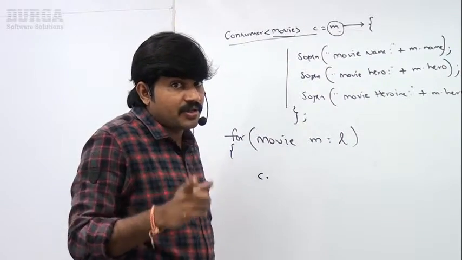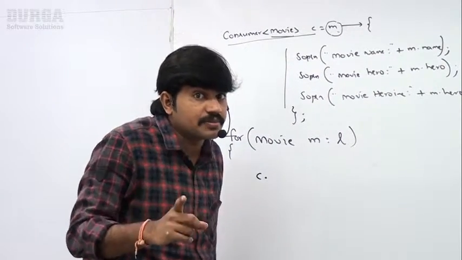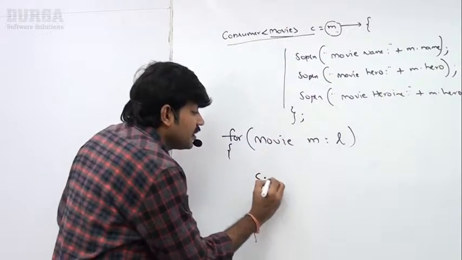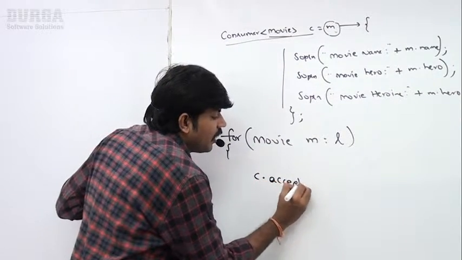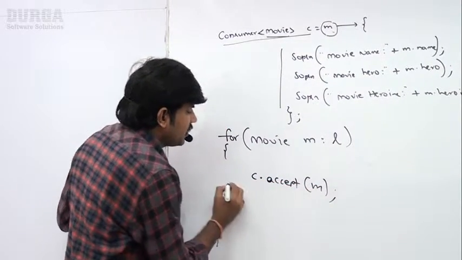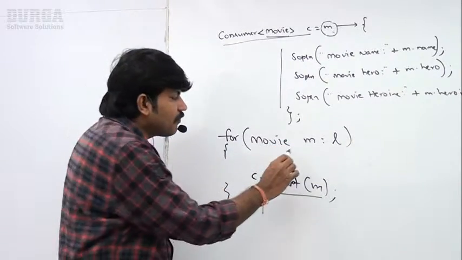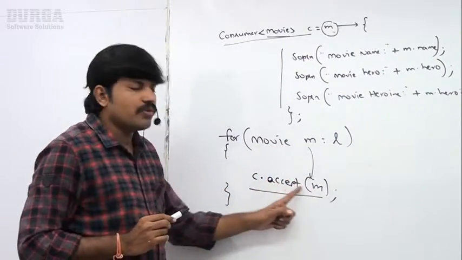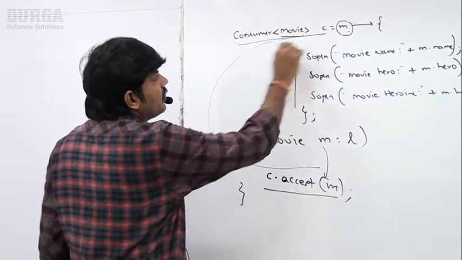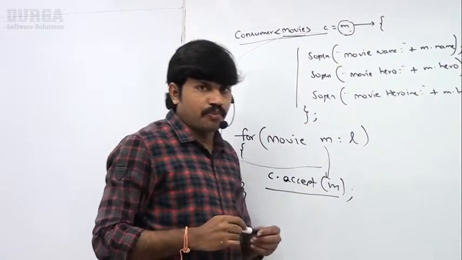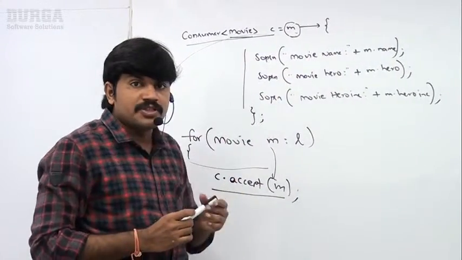Which abstract method do you have to tell? accept. What is the abstract method? accept. c.accept(m), sir. So every movie object I'm passing as the argument to the accept method. Now this accept method is going to print movie information to the console.